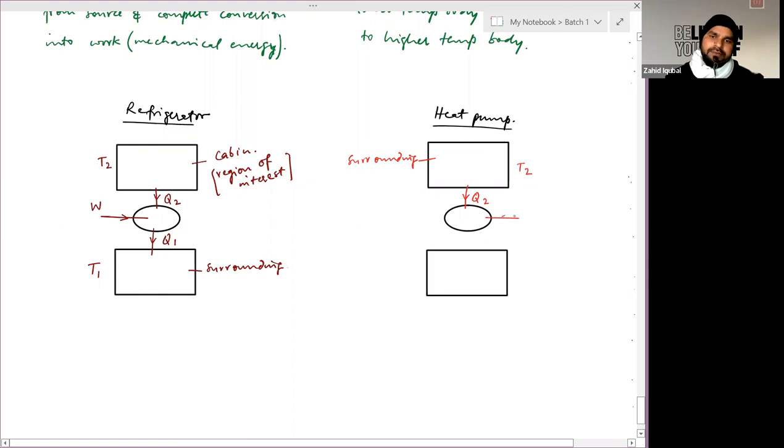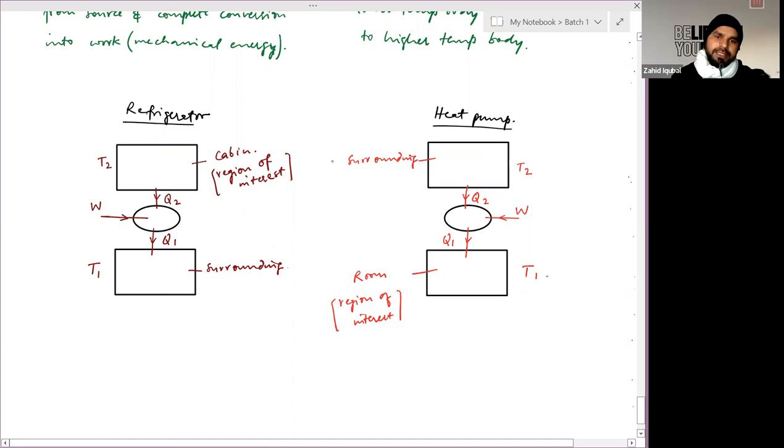By adding work from the compressor, it donates Q1 amount of energy into the room to warm it. So this is the region of interest for the heat pump at temperature T1.